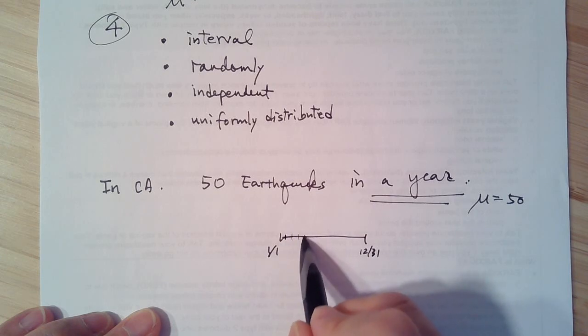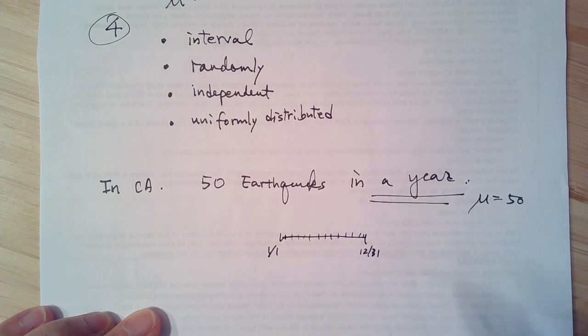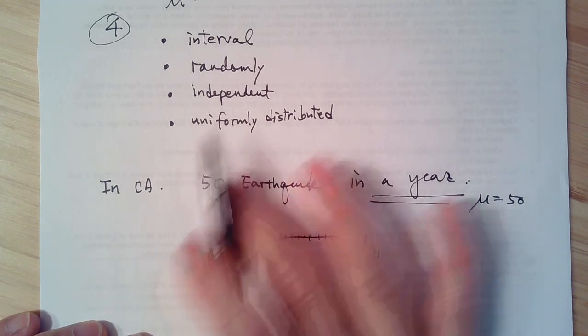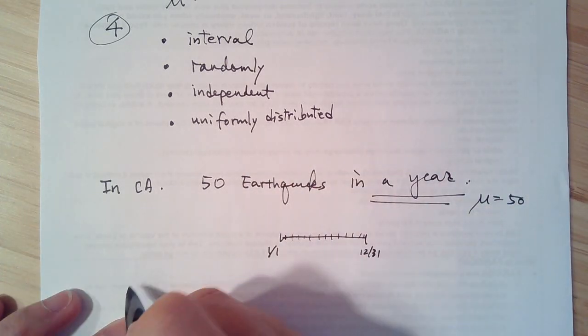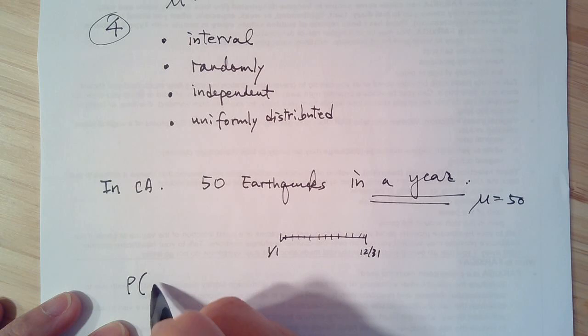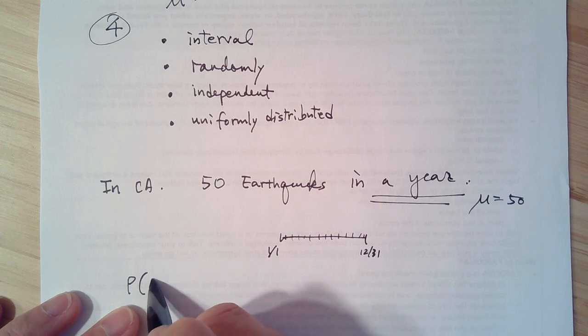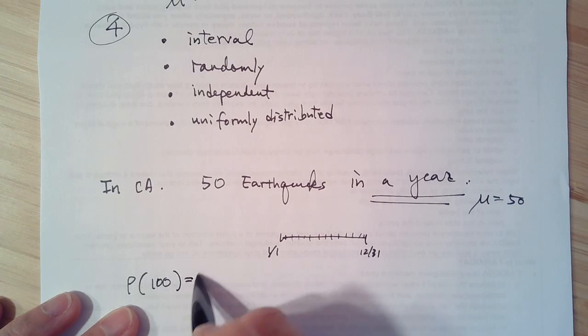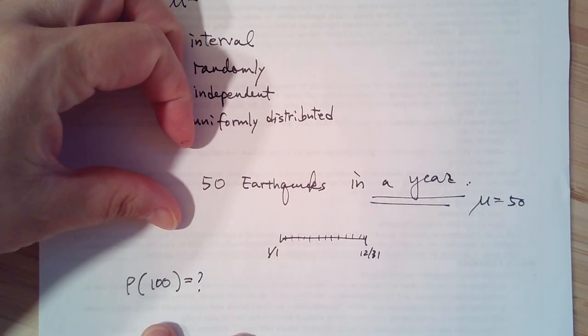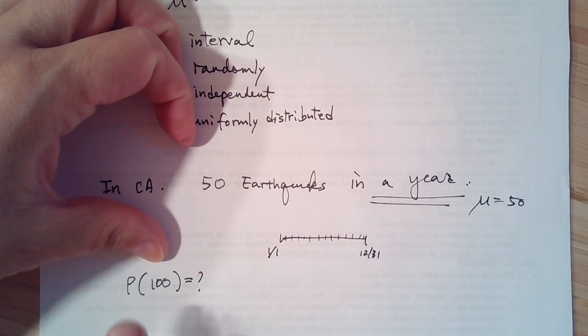That means uniformly distributed. If that's the case, then let's see, on average 50 in a year, what is the probability that this year we have 100? That is x, and that's the probability of x. All the probabilities add up to 1.